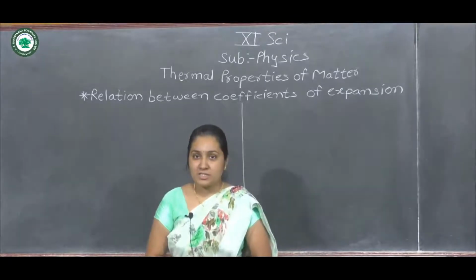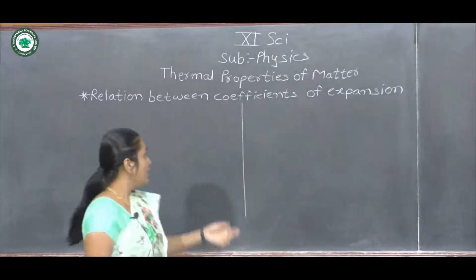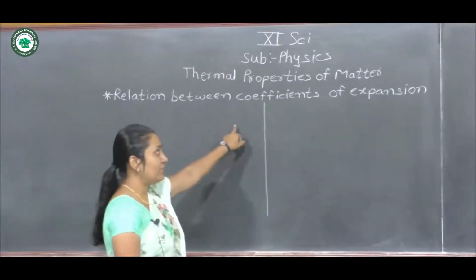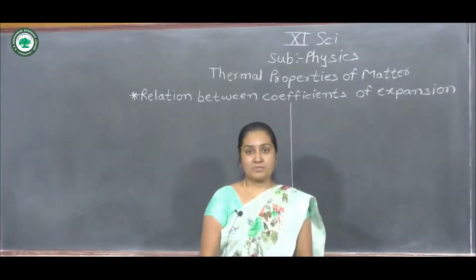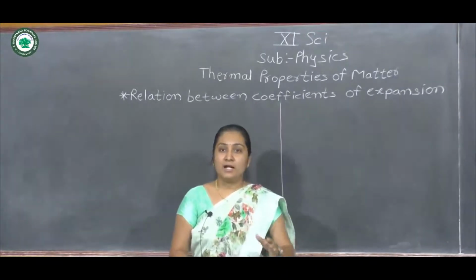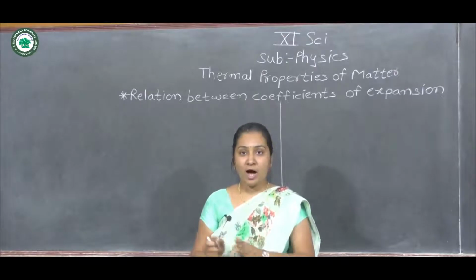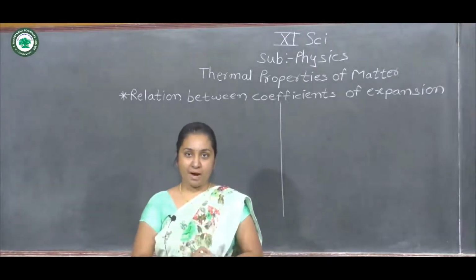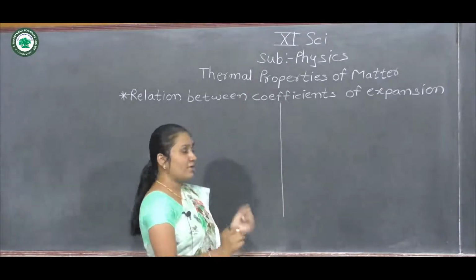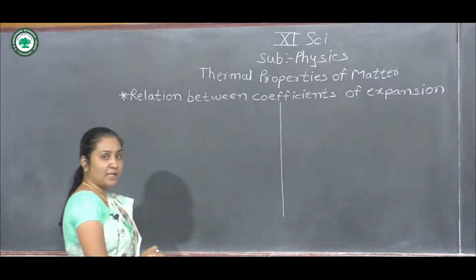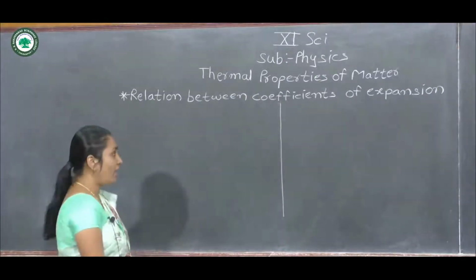Now in this lecture we are going to find the relation between the coefficients of expansion, that is, the relation between alpha, beta and gamma. First we will find the relation between beta and alpha.